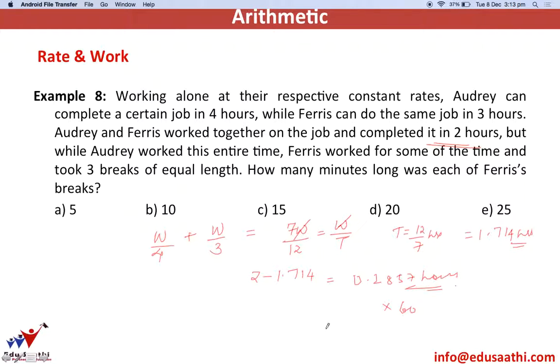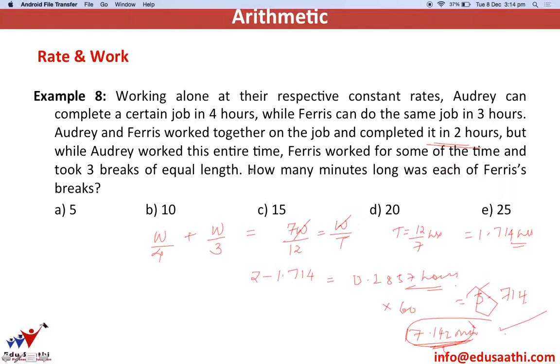So in terms of minutes, it's coming out to be 17.142 minutes. This will be the extra time which Ferris is taking. Now this time is divided over 3 breaks. If I divide it by 3, per break would come out to be 5.714.